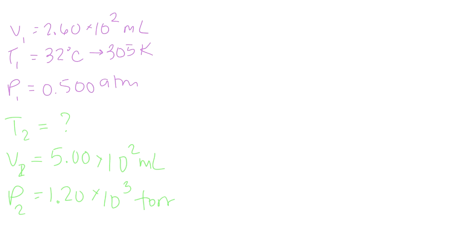Hopefully you noticed that our pressure here is atmospheres and our pressure here is torr. Again, it doesn't matter what unit of pressure we have, but they have to be the same. So I'm going to convert my torr into atmosphere, but it doesn't matter if you convert atmosphere to torr, you will still get the same answer for your temperature.